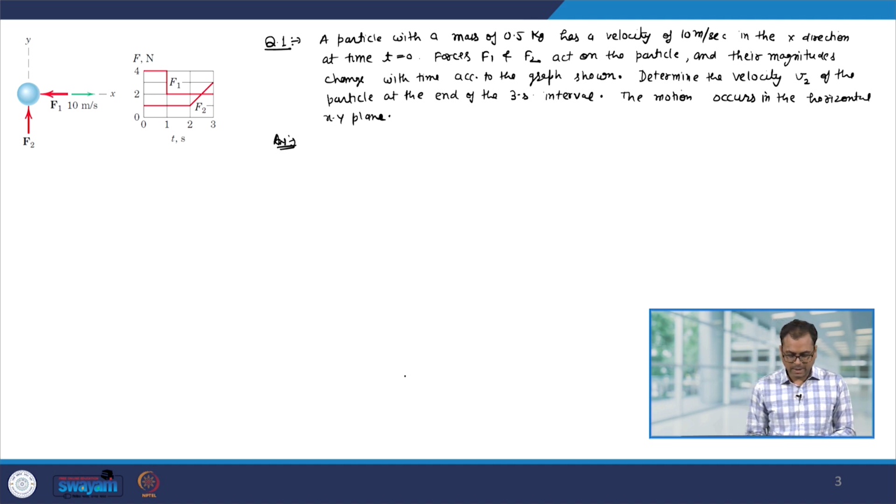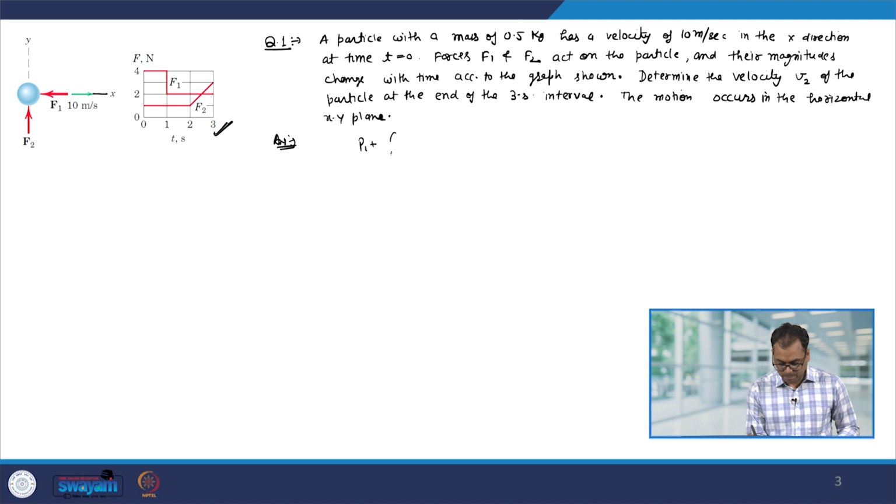So, here note that the x axis and the y axis are given. Two forces F1 and F2 are acting on it. F1 is acting in the minus x direction and F2 is acting in the plus y direction, and their magnitudes are given here. So, we can use the impulse momentum equation to find out what v2 is.